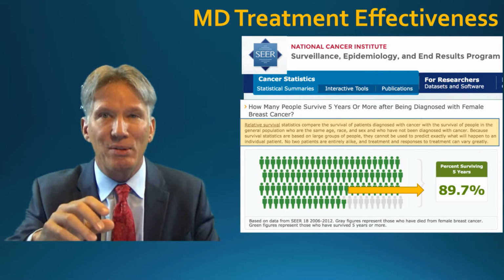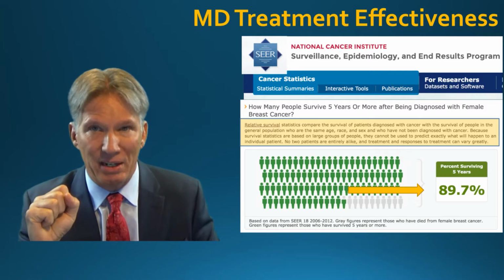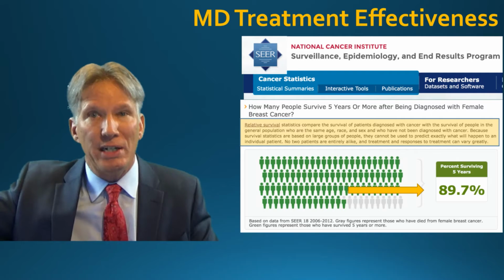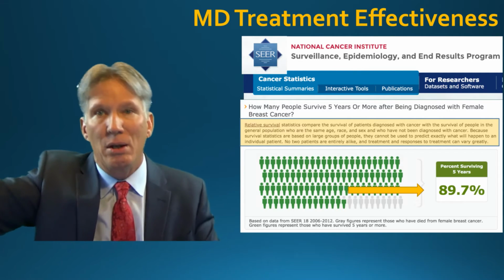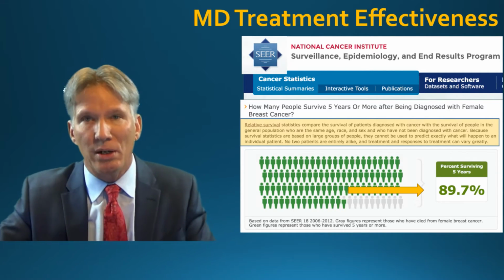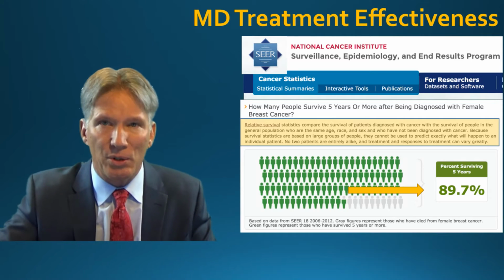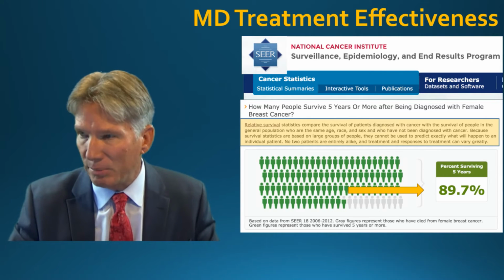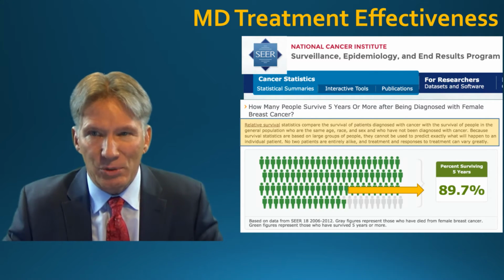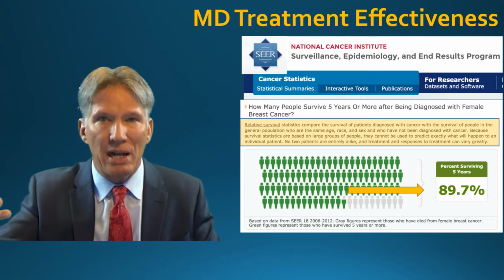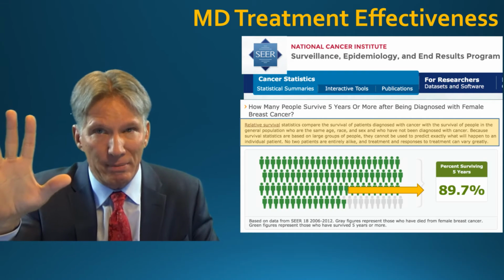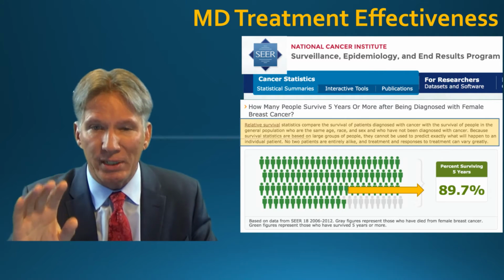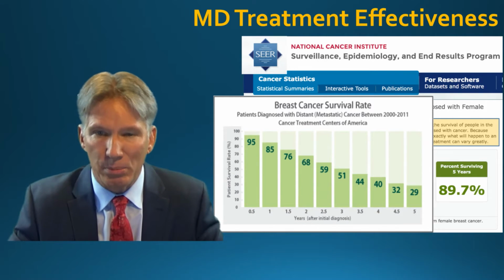When you compare how long women who get breast cancer live with how long women their same age in the same country live, whether they die from a bullet wound or an automobile accident or asthma or kidney failure or natural causes or whatever, you get this number, 89.7 survivorship, which seems at first blush to be really a great statistic. But when you pare it down and just look at the data for cancer, it's a completely different story.